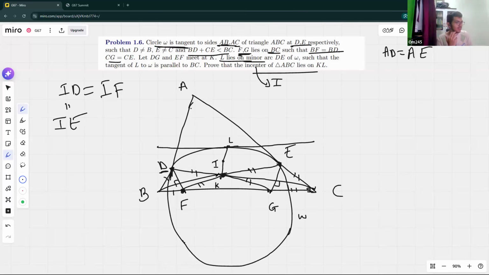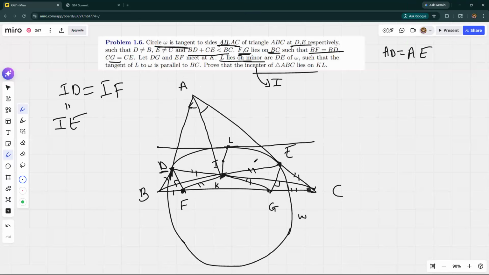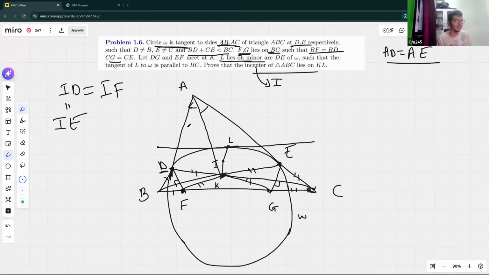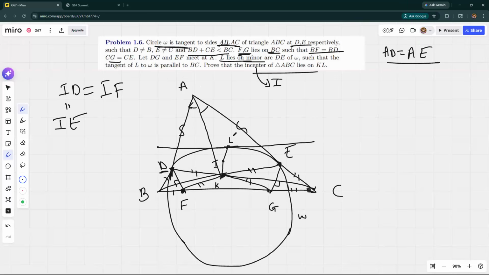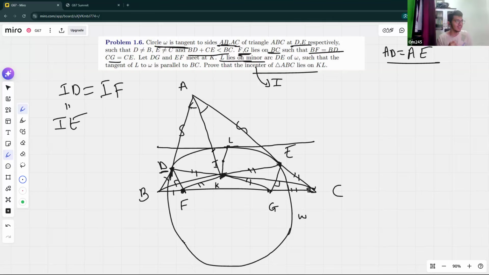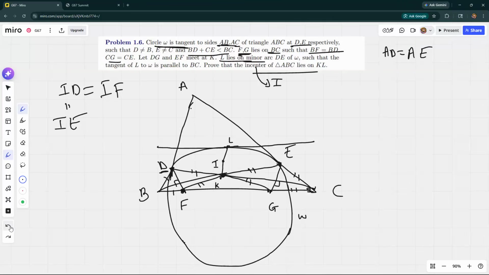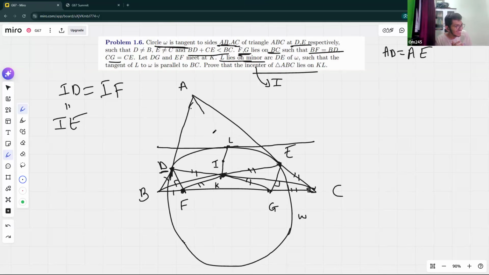So that implies this angle is equal to this angle. And because it's a tangent, AD is equal to AE. Why is that angle equal? Okay, fine. Shouldn't you join not I, A, BI, and not CI? Not K, not K, obviously. Okay, wait, that angle. Wait, what?